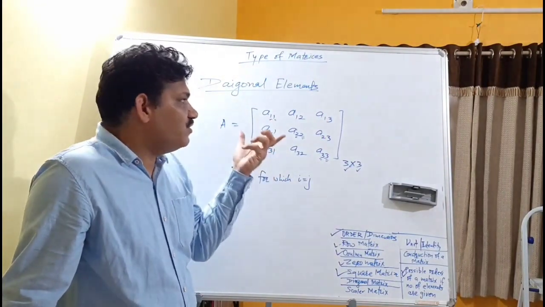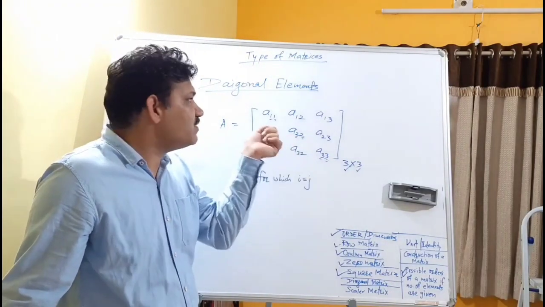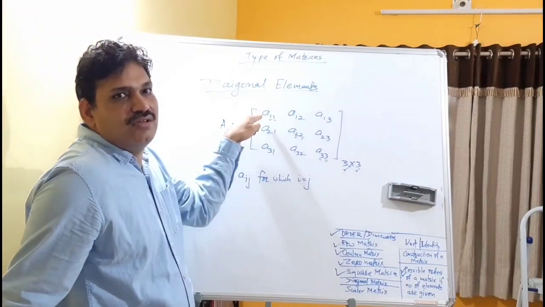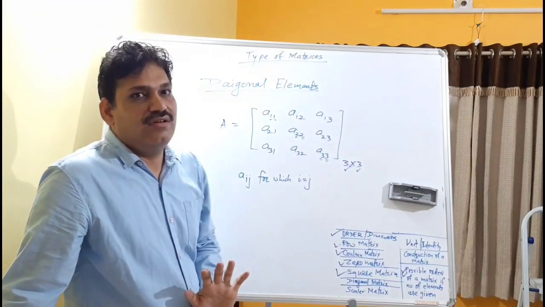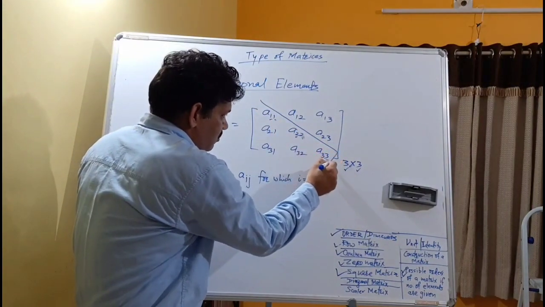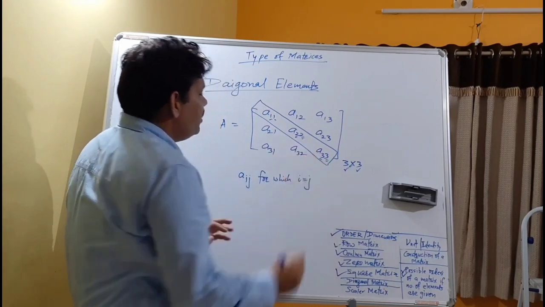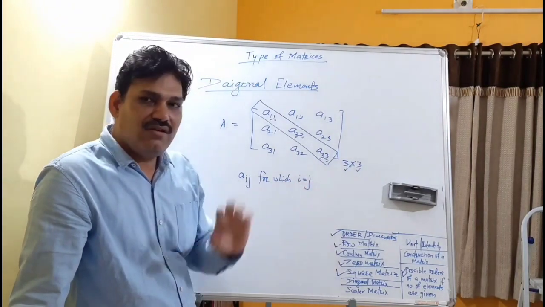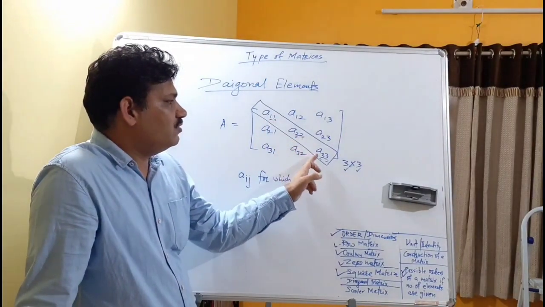In matrices, when we talk about the leading diagonal or the principal diagonal, it starts from the upper leftmost element to the lower rightmost element. So this is our diagonal. And here in the diagonal you can see the row index is equal to the column index: 1, 1, 2, 2, 3, 3.